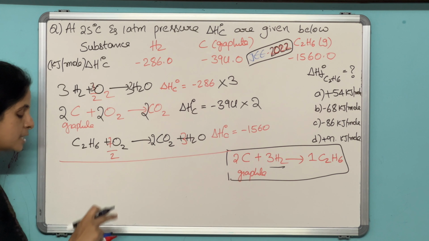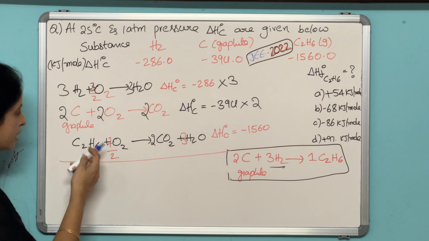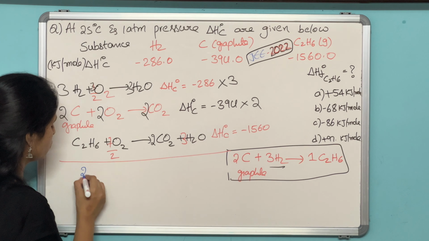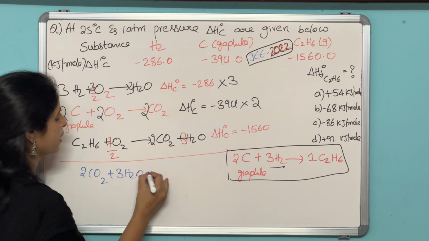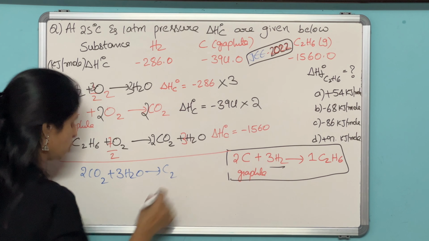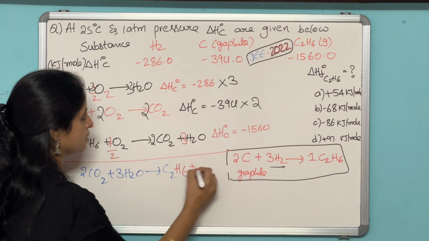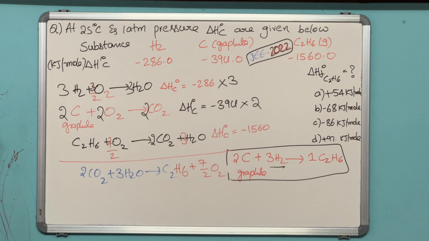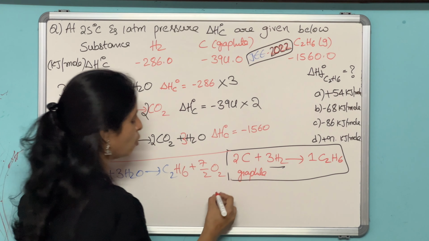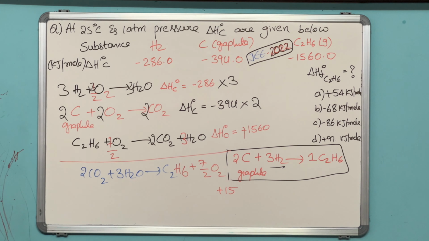So you just reverse this equation. When you reverse this equation, the sign will change. 2CO2 plus 3H2O gives rise to C2H6 plus 7 by 2 O2, and the sign will be changed to plus 1560. I'll reverse this one.